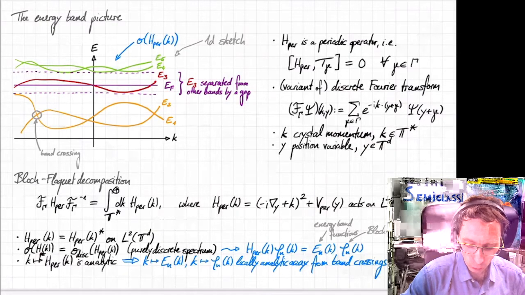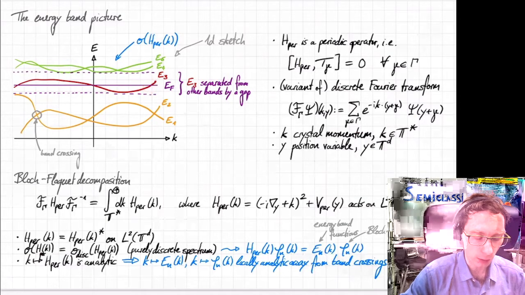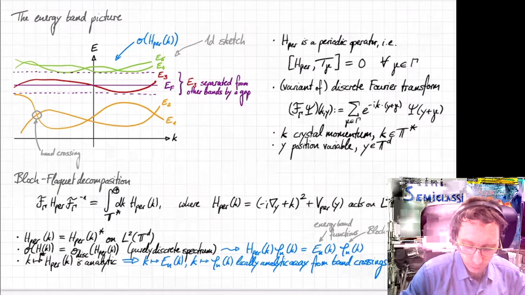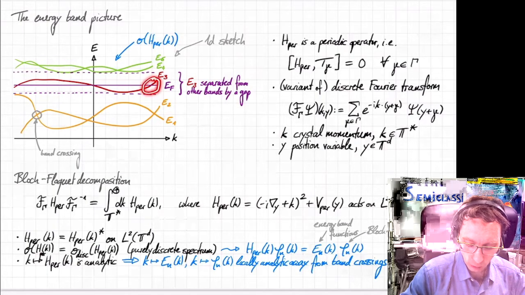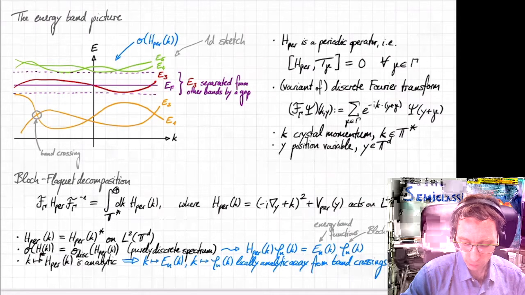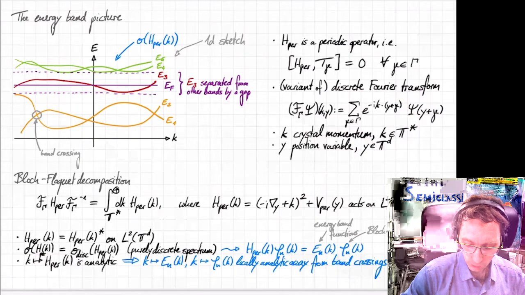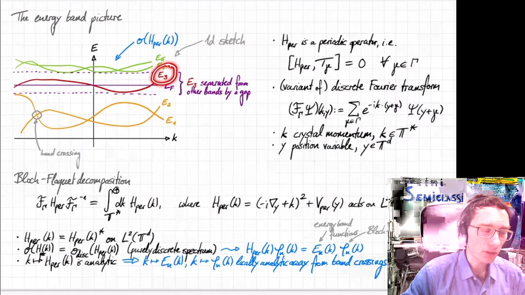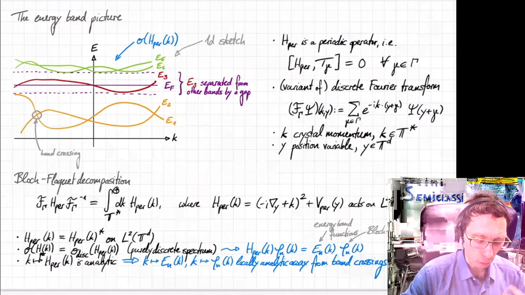That is because only states near the Fermi energy are mobile. They contribute to the conductance. Hence it is not surprising that if you pick, for example, this Fermi level here, the relevant energy band function that will enter the semi-classical approximation is E3.